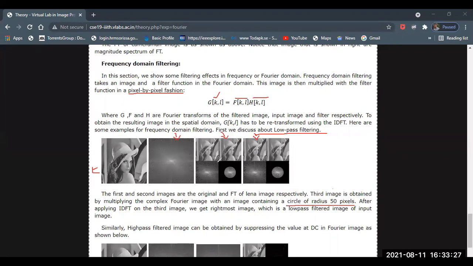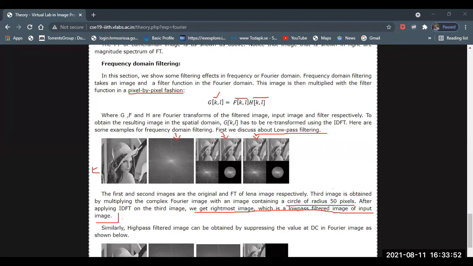So how do we obtain this image? We multiply this image with an image containing a circle of radius 50 pixels. After applying the IDFT on the third image, we get the rightmost image, which is the low pass filtered image.